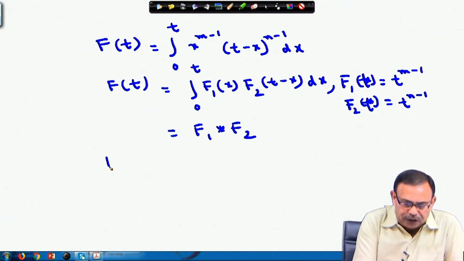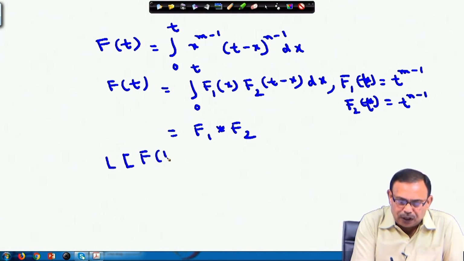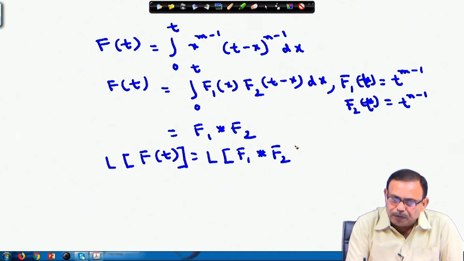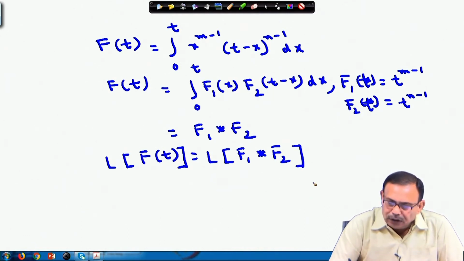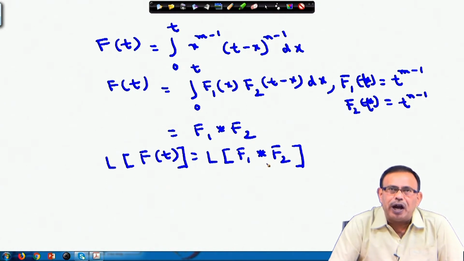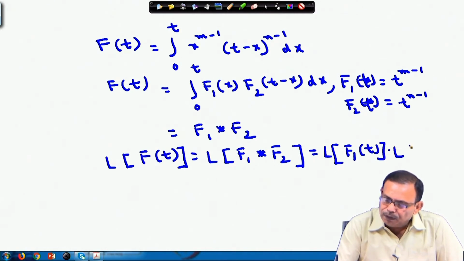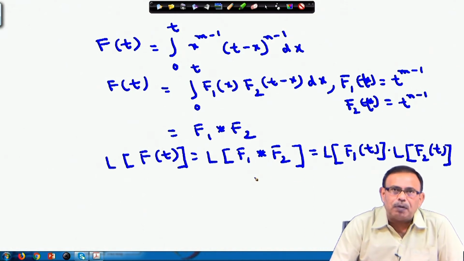Now if I take the Laplace transform on both sides of the earlier equation, I will obtain Laplace transform of f t equals Laplace transform of f 1 into Laplace transform of f 2. Using the convolution theorem, we know that Laplace transform of f 1 convolution f 2 equals Laplace transform of f 1 t into Laplace transform of f 2 t.